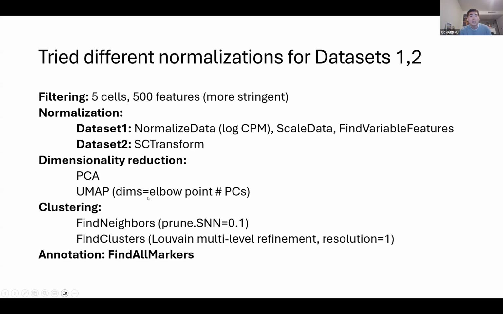I do the dimensional reduction and clustering with more stringent pruning and then Louvain multi-level refinement, because I think our cell types are highly similar, so I'm hoping to have tighter clusters and better differentiation. Then I use FindAllMarkers to help with the annotation.